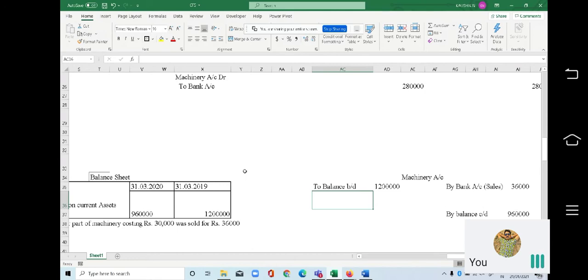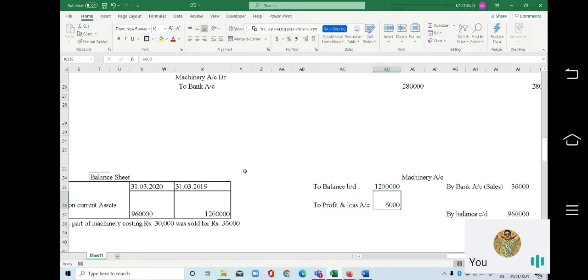So where will you record it? Debit side or credit side? Good. So to profit and loss account. The amount of 6,000 will come here.